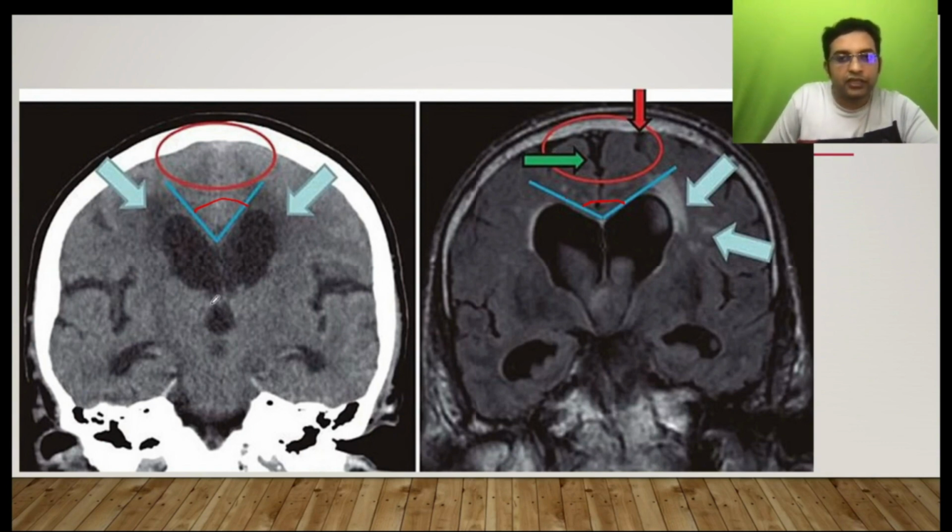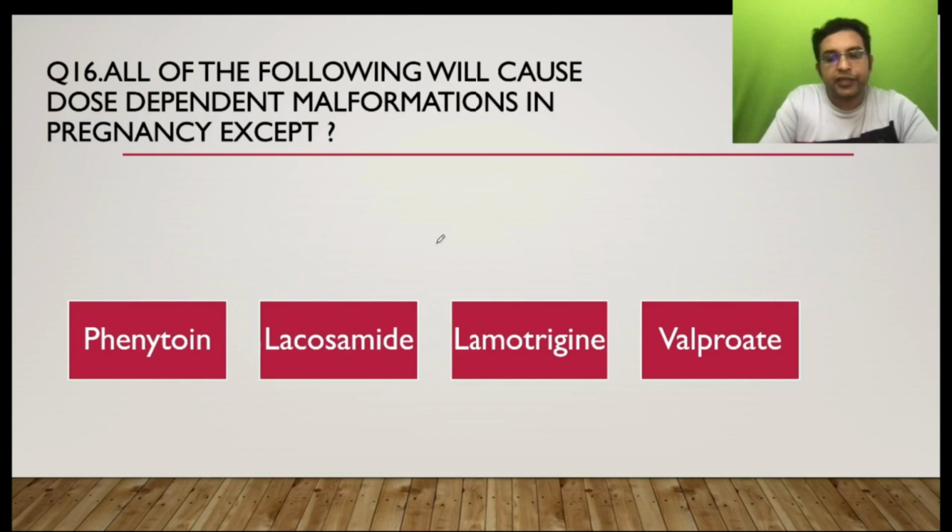So this CT or MRI is more likely due to NPH, and this one is due to NPH, and this one is not a case of NPH. So it should be acute, and there are other criteria you should learn regarding NPH.